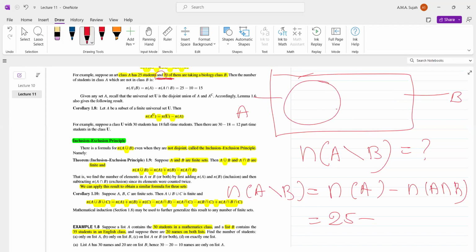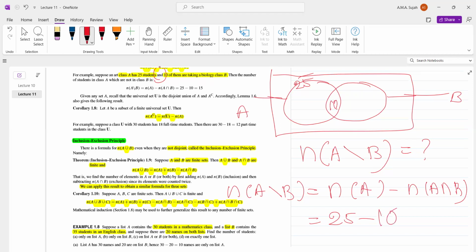You have a class A and a class B. They mention class A has 25 students, and 10 of the students are taking the biology class as well. So the common elements for A and B is 10.